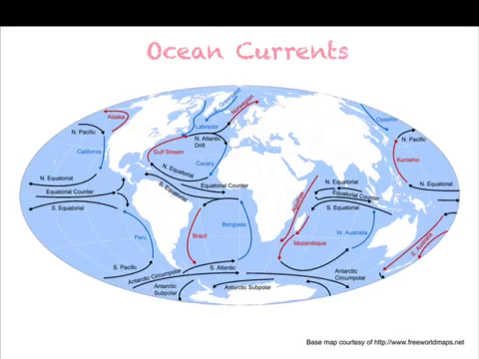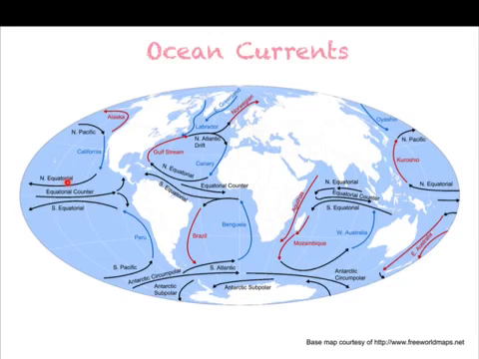And keep in mind that ocean currents that are moving from the poles will be cooler or cold currents. And those currents that are formed at the equator and moving either north or south will be warm currents. So we can actually have cold ocean currents in the equatorial regions because they are currents that are moving down from the poles.